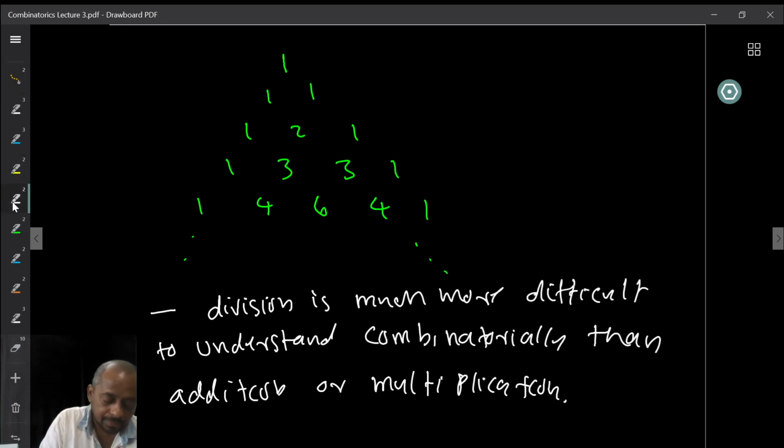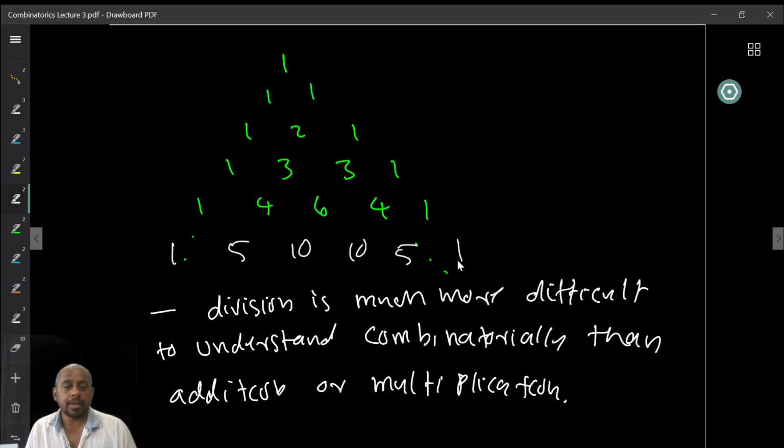What is this here, which is going to be 1, then 5, then 10, then 10, 5, and 1. So this way we can continue to write just by adding the elements of the previous row. We can find the next row easily.